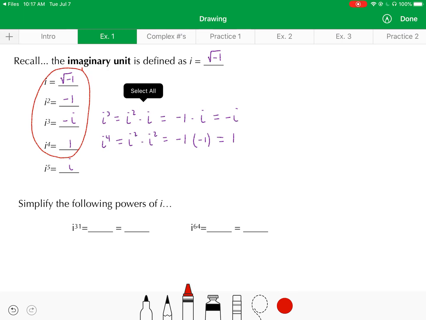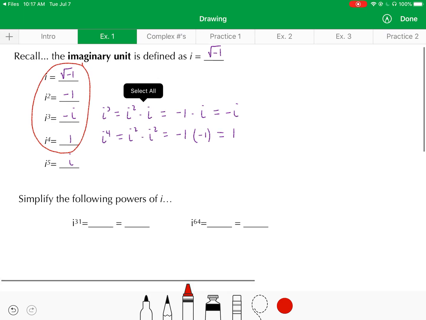Notice that both i squared and i to the fourth simplify to real numbers, whereas i and i cubed stay imaginary. So when i is raised to an odd power, it stays imaginary. When i is raised to an even power, it simplifies back to a real number of 1 or -1.